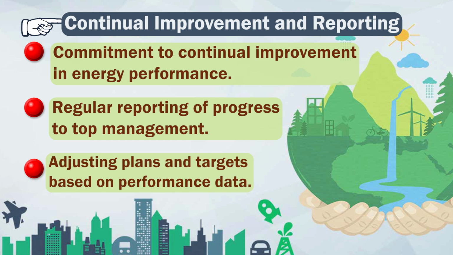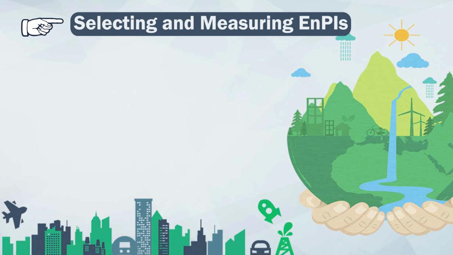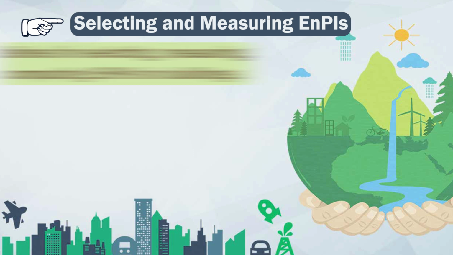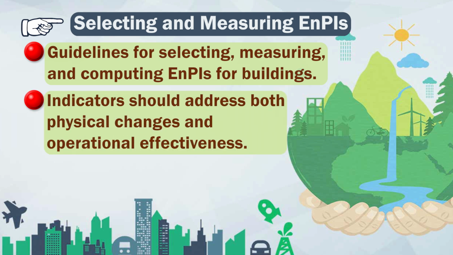Based on performance data, we should continuously refine our plans and targets to drive ongoing improvements. Selecting and measuring EnPIs involves choosing indicators that address both physical changes to the building and operational effectiveness.